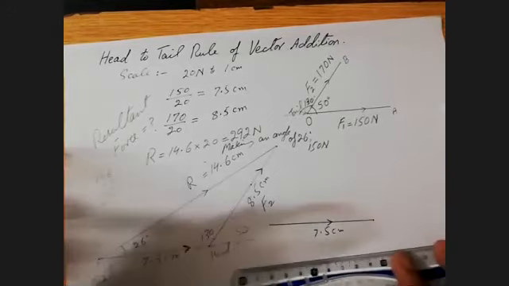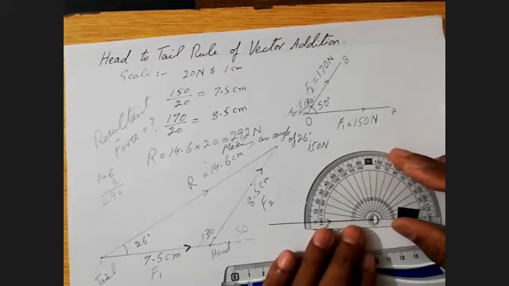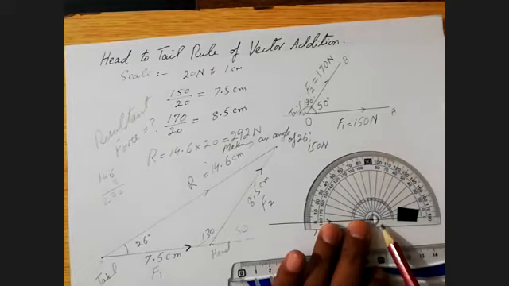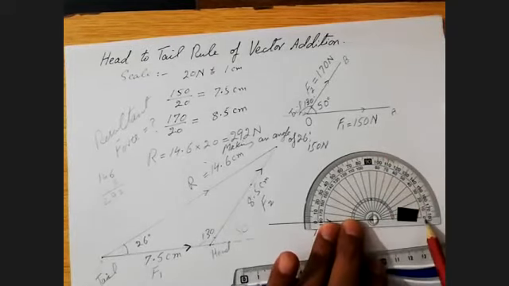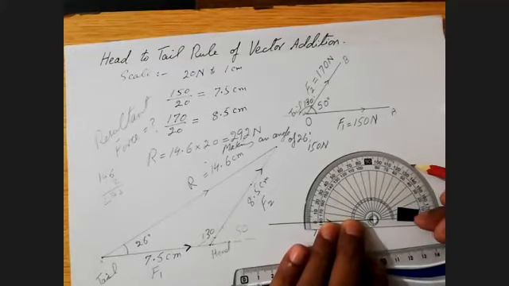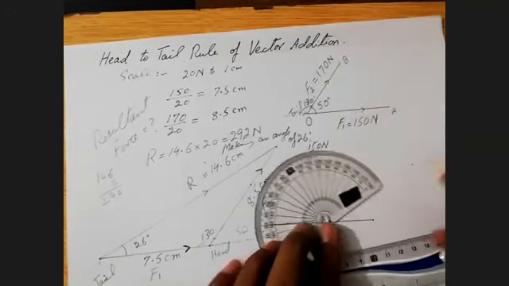I have to place a protractor at the end of this, because you must be aware of how I'm going to make the angle. Now, this angle: 0, 10, 20, 30, 40, 50. This is the angle of 50 degrees, because I am going to join the other force with the first force at the angle of 50 degrees.